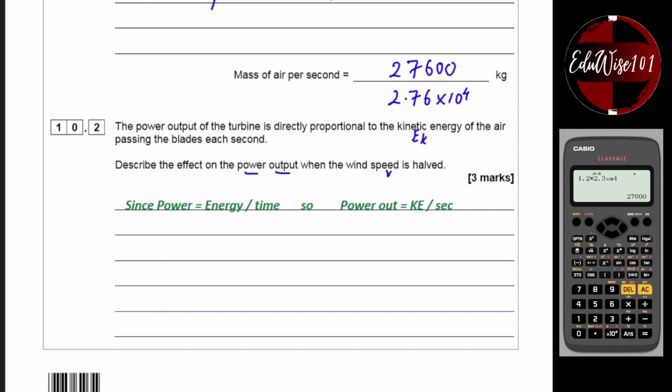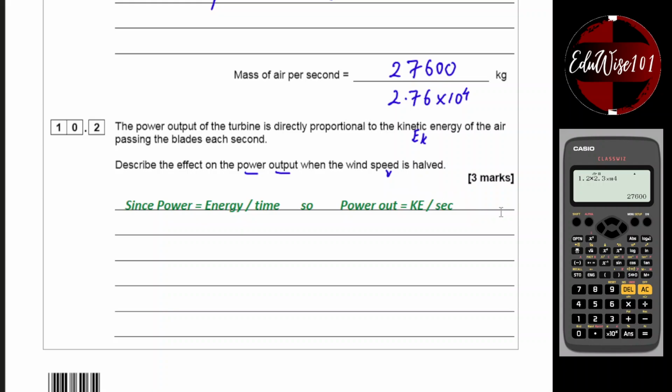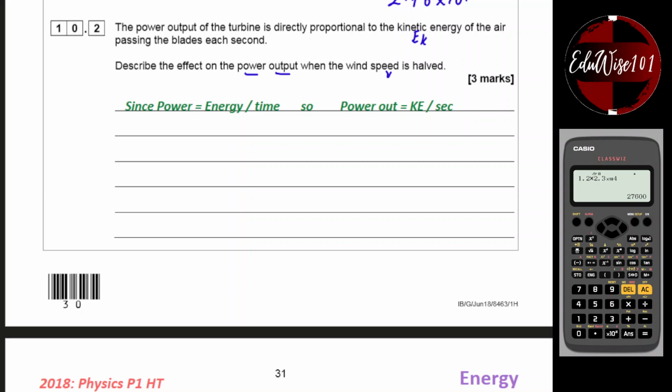So, what happens to the power output? What happens to this value when the speed is decreased? We're talking about per second anyway. So, you need to refer back to the other equation for kinetic energy. If I write the kinetic energy equation, EK for kinetic energy is half mv squared.